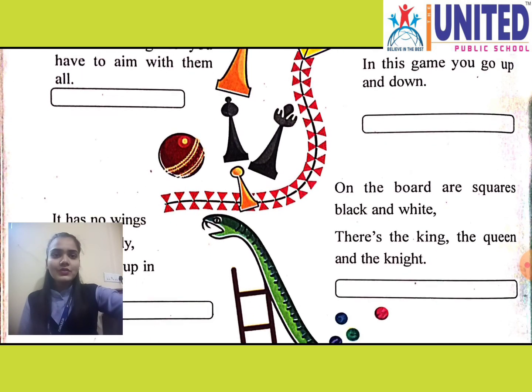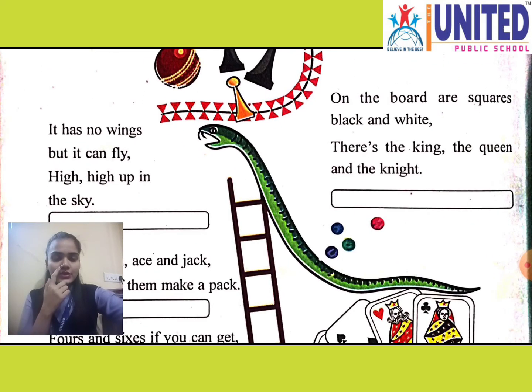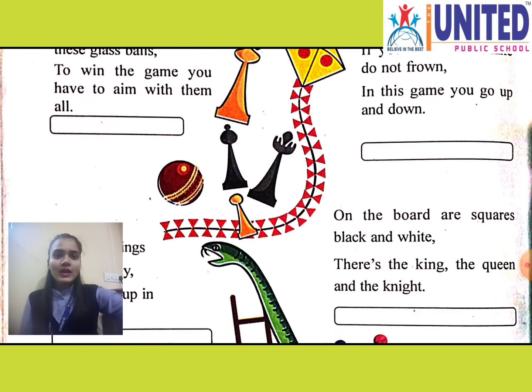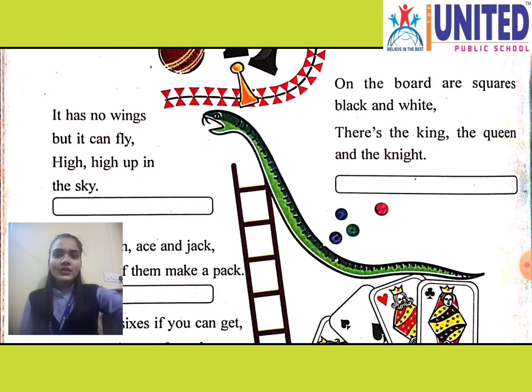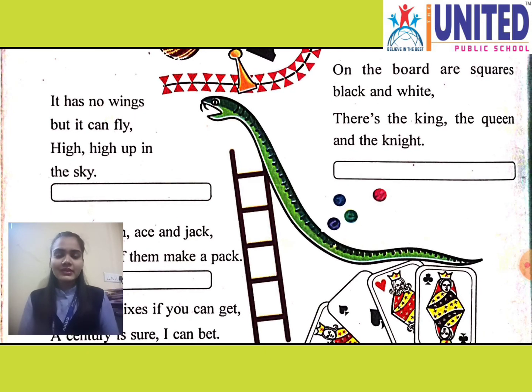Here downside you can see marbles of different colors. Now next: it has no wings but it can fly high up in the sky. Guess what this is. We know very well which game this is.